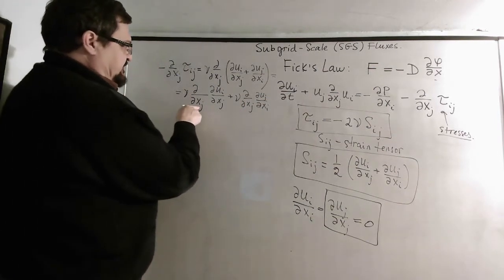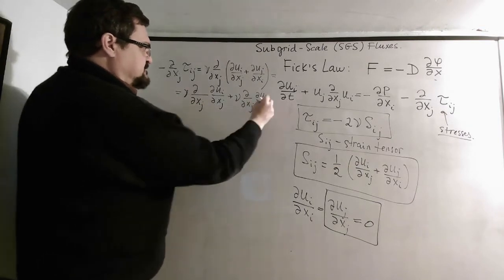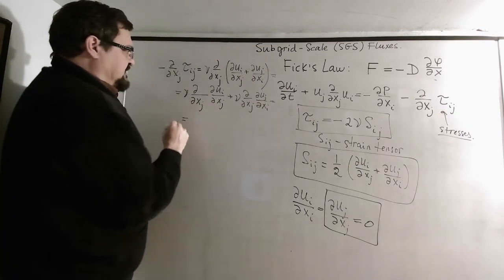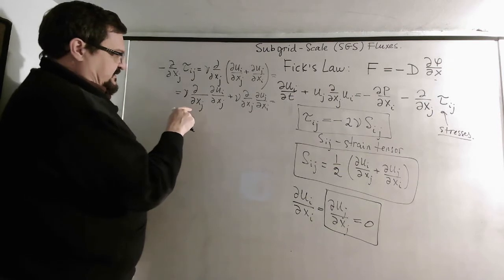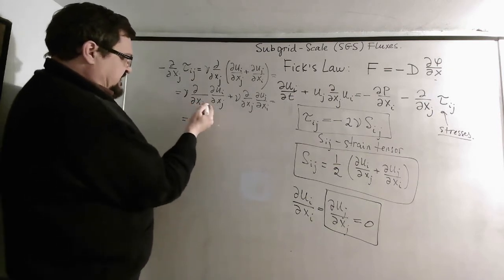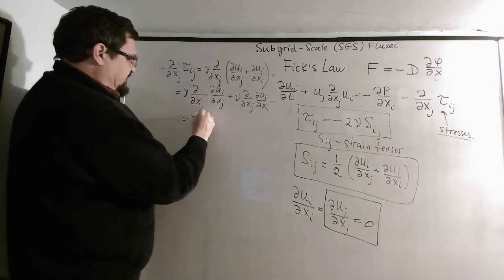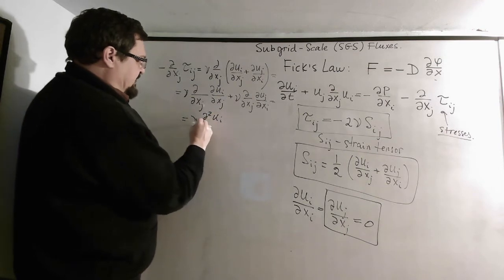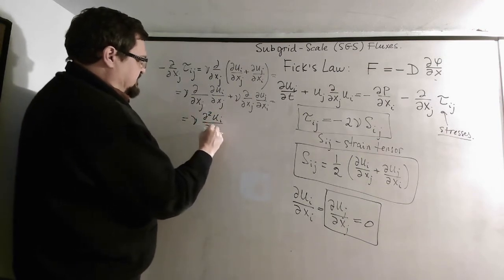So let's look in here. This guy, nothing can be done, there's just a second derivative, right? Second derivative of ui over ∂xj squared.